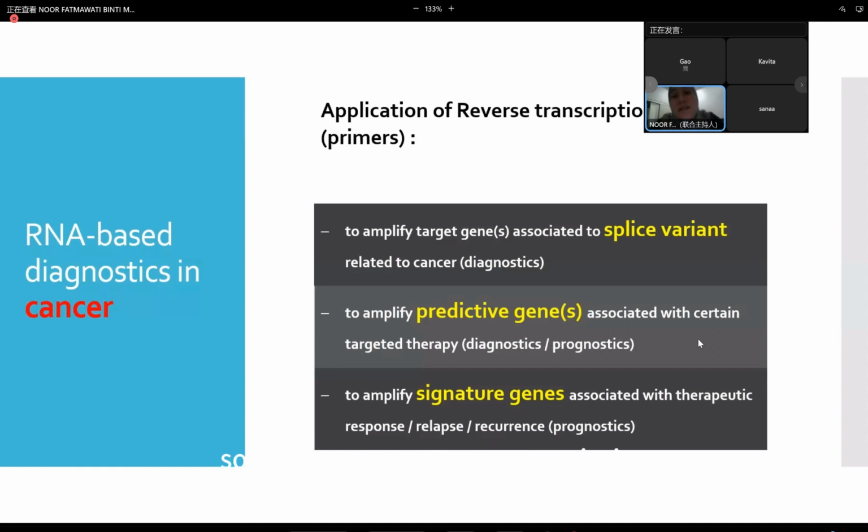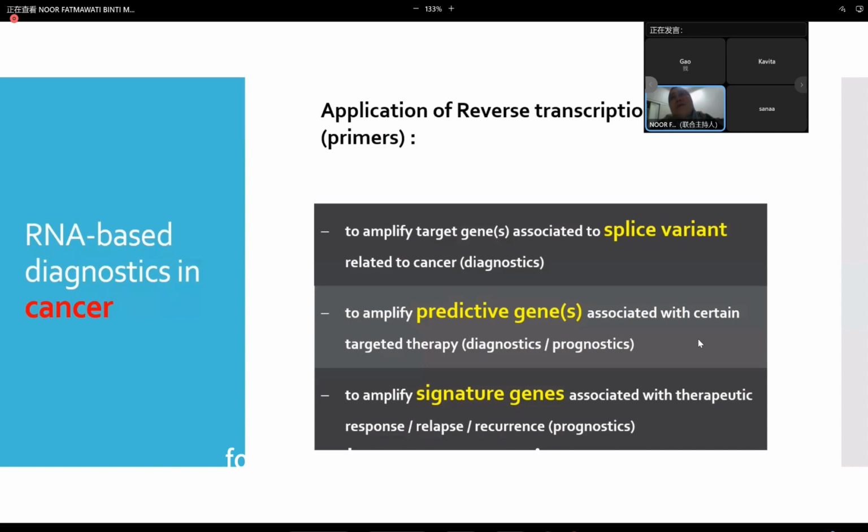So you can use it to amplify target genes associated with splice variants. The next application in cancer is to amplify predictive genes associated with certain targeted therapy.